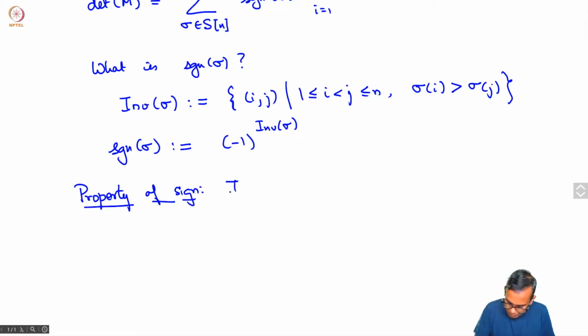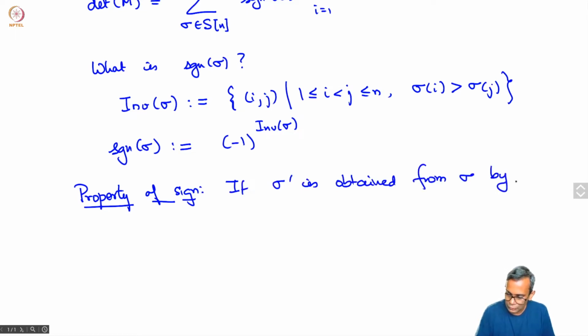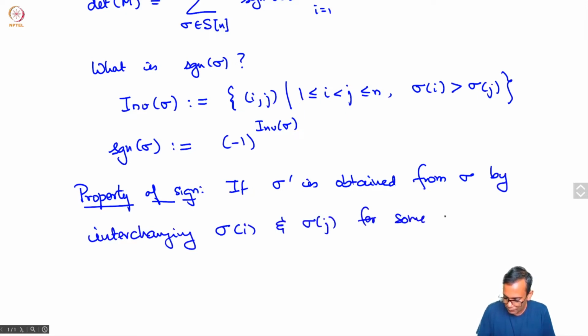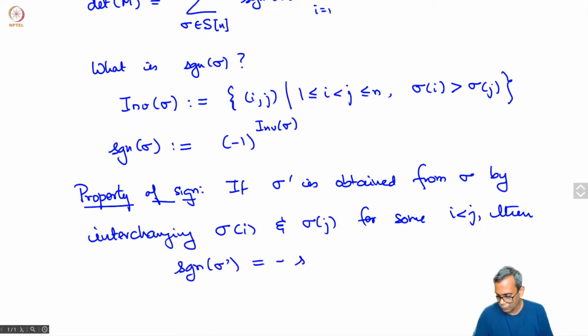If sigma prime is obtained from sigma by interchanging sigma(i) and sigma(j) for some i less than j, then the sign of sigma prime is the negative of the sign of sigma. I'll leave it to you as an exercise to try to prove this result from first principles, or you can look it up in any number of sources.